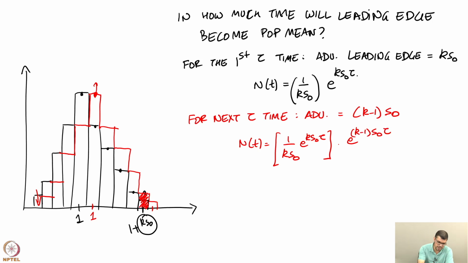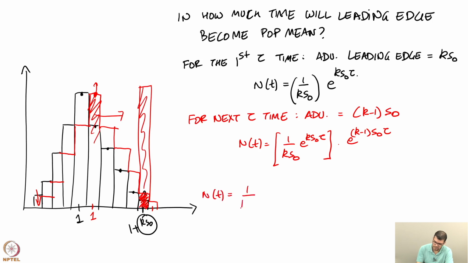So, eventually, by the time this wave is moving to the right and the numbers associated with this genotype become so high, the expression will be N at that time equal to 1 by k S naught into e to the power k S naught tau times e to the power k minus 1 S naught tau, going all the way to e to the power S naught tau.